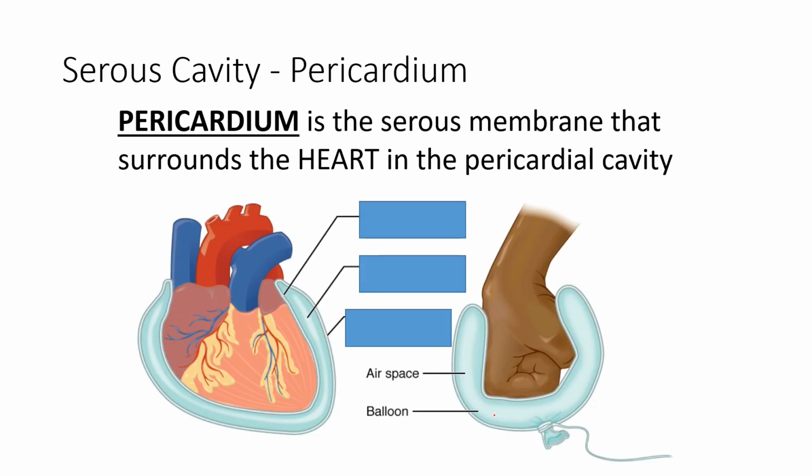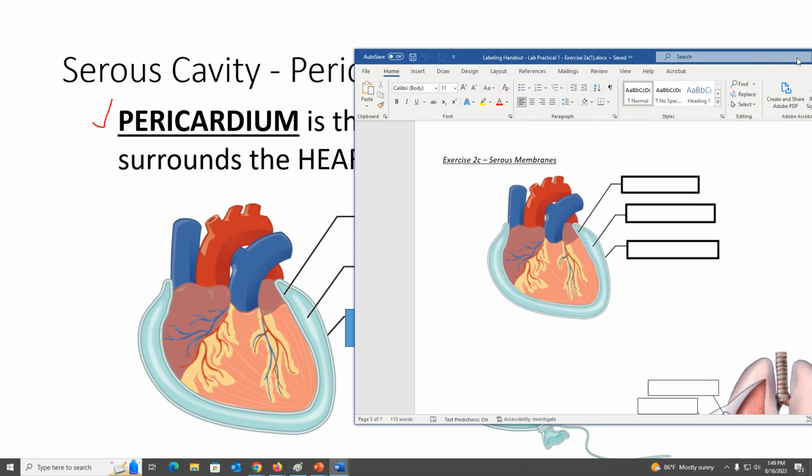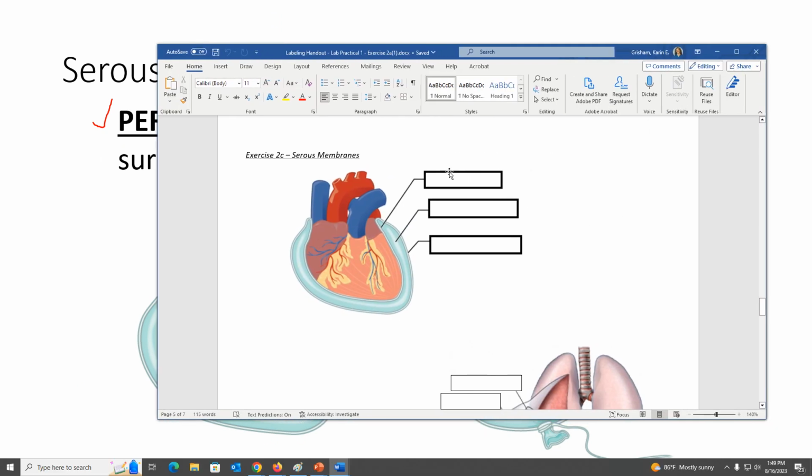So when we're talking about the serous membrane surrounding the heart, again, we've got two layers. Anytime you hear the word pericardium, that should give you a clue: hey, we're talking about the heart. Now, this is the first box on your labeling handout. We're looking at this top box right here.